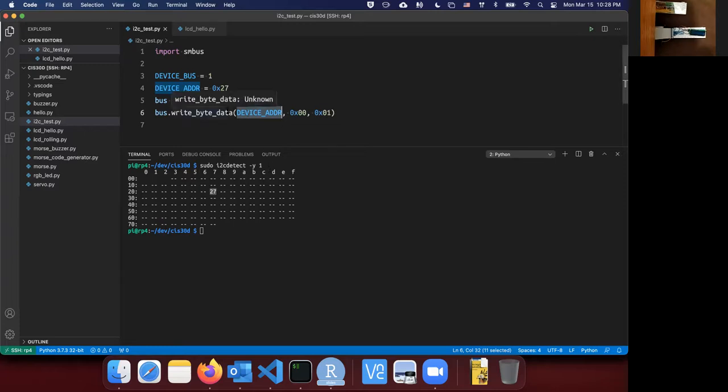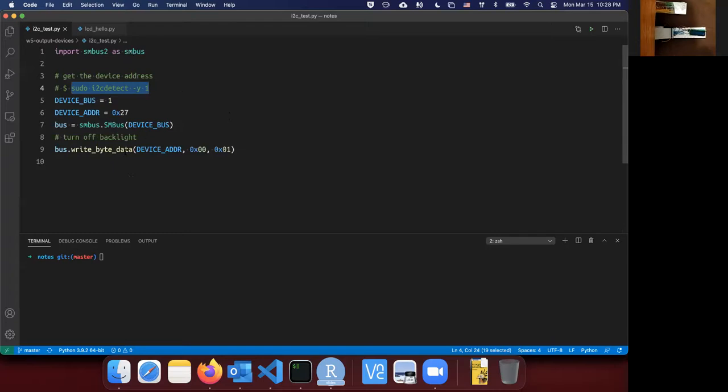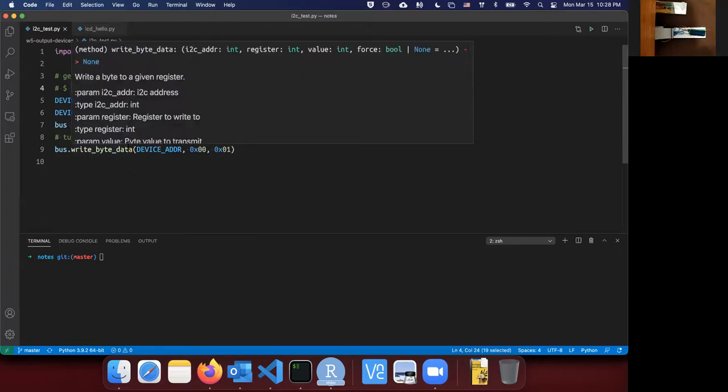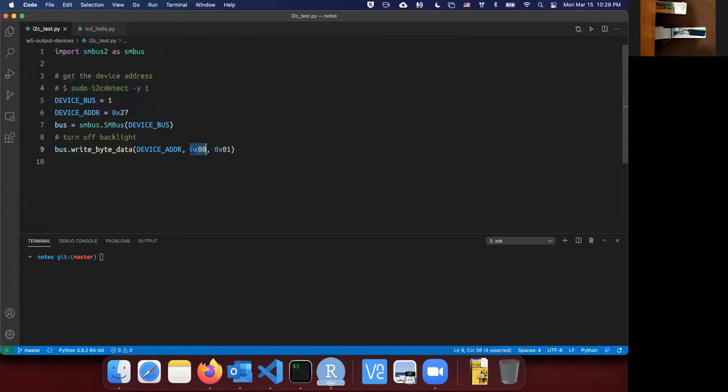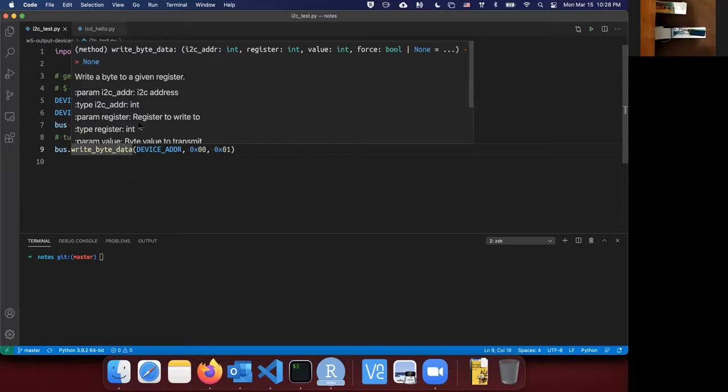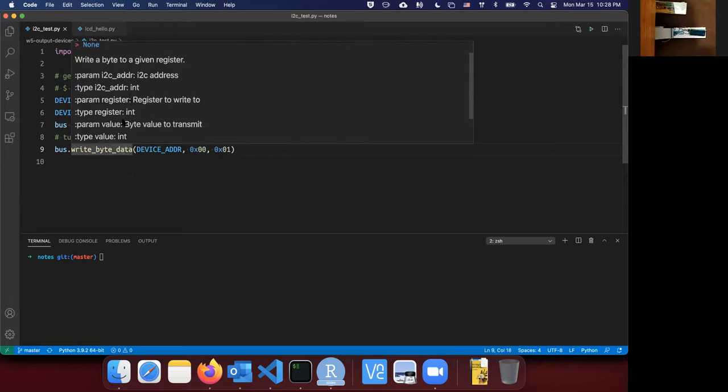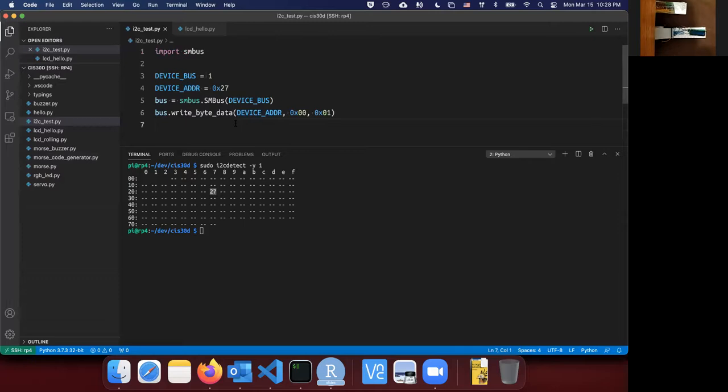And basically the data sent to this address then gets received by the LCD. And the data we're sending is that we're also going to use the address 0 register, which is reserved for the device, and then the value is 0, 1. So I'm just going to look at the documentation of this method for the bus object.